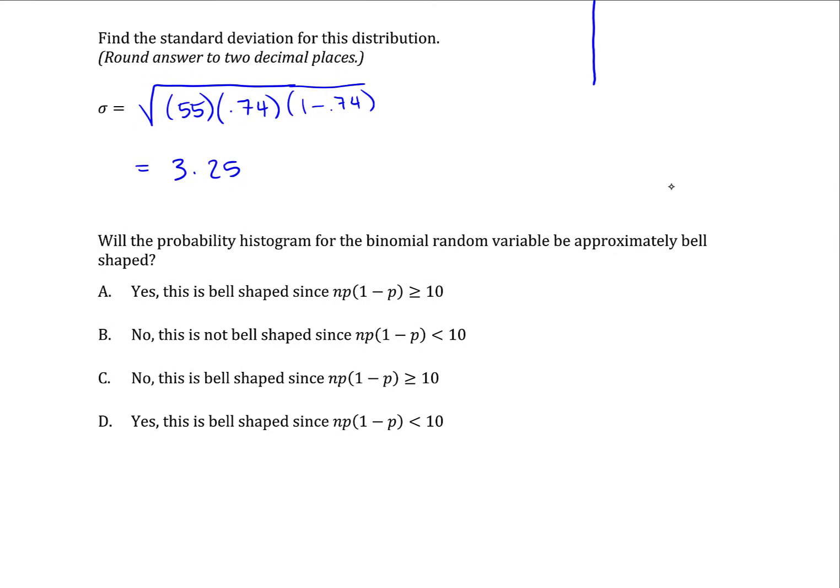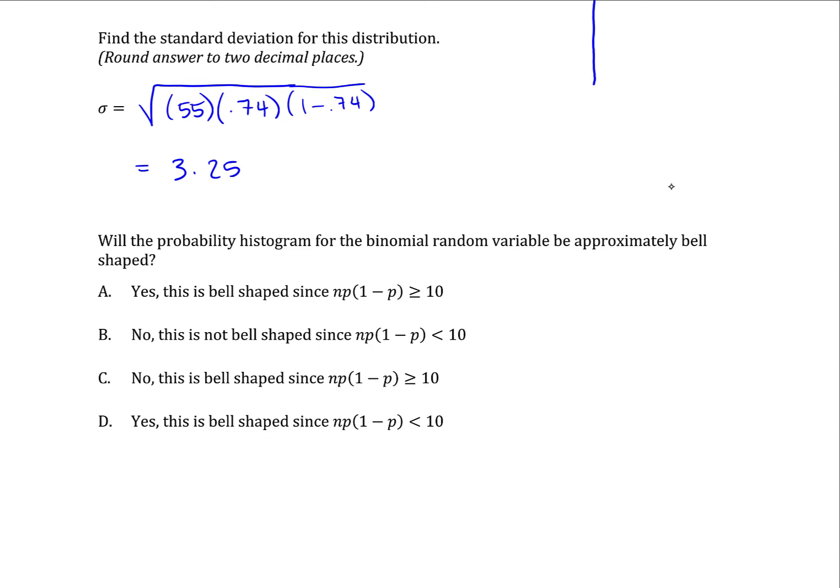Next, will the probability histogram for the binomial random variable be approximately bell-shaped? Well, the rule for being bell-shaped is, in some textbooks, n times p times q must be greater than or equal to 10. For other textbooks, it's n times p is greater than or equal to 5, and n times q is greater than or equal to 5.